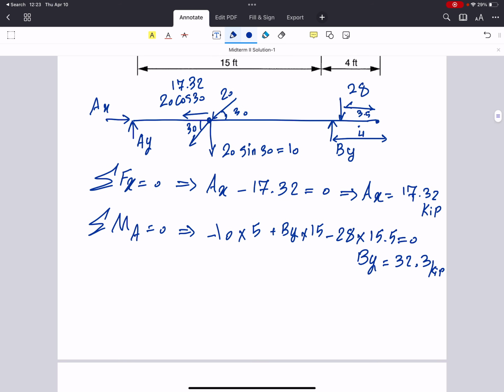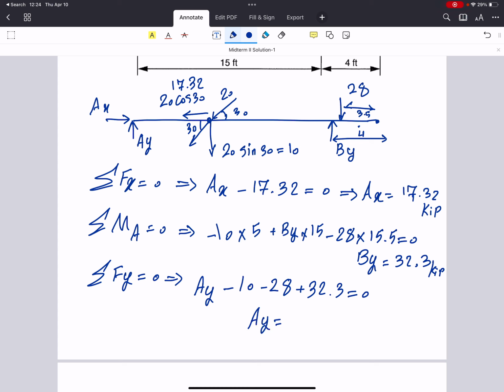Then we can use the sum of Fy equals 0. We have AY minus 10 minus 28, BY going up, so it will be 32.3, equals 0.